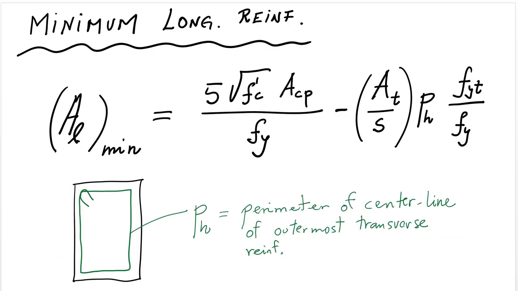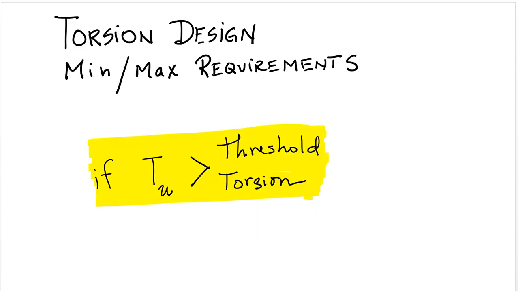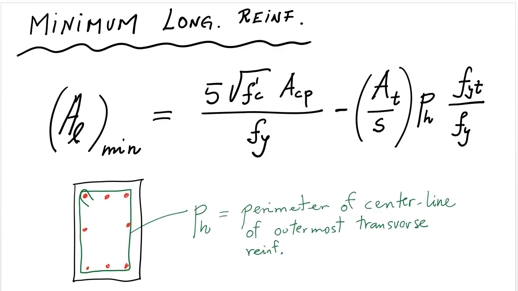For longitudinal reinforcement, and that is the reinforcement that is going to be distributed around the perimeter of the cross section in order to resist torsion, if your ultimate torsion is greater than the threshold torsion, then as a minimum you have to use this expression right here.